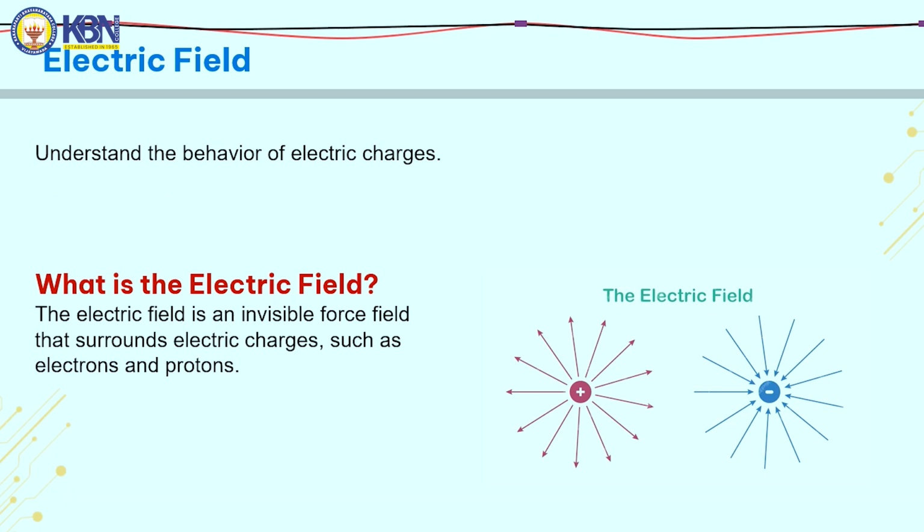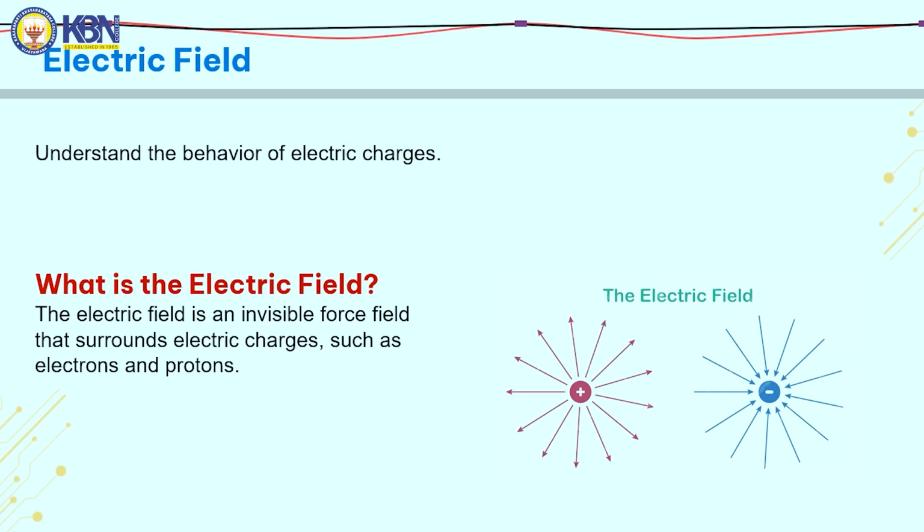Coming to the electric field, it is a fundamental concept in physics that helps us understand the behavior of electric charges. It plays a crucial role in our daily lives, from powering our electronic devices to the natural processes that occur in the real world. What is meant by electric field?